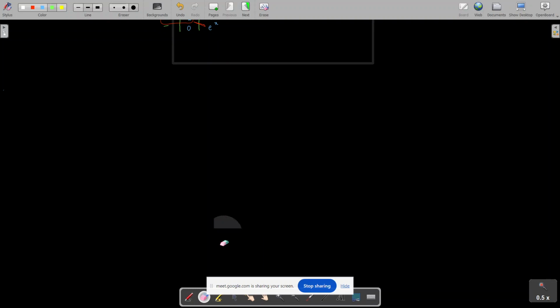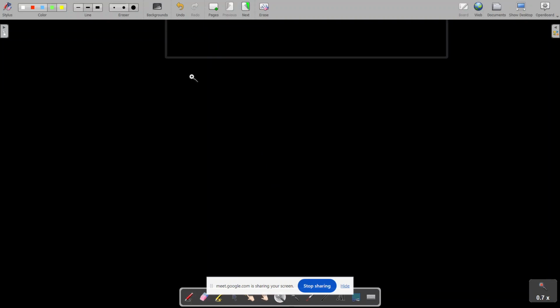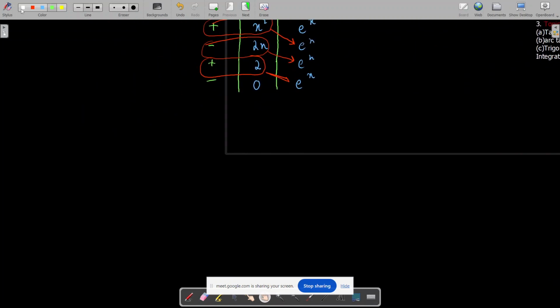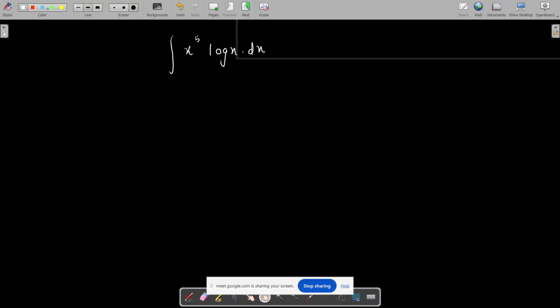So for example, we have the integral of x to the power 5 log x dx. I think in your homework as well, you got stuck in this problem. You're not able to do it by the tabular method.